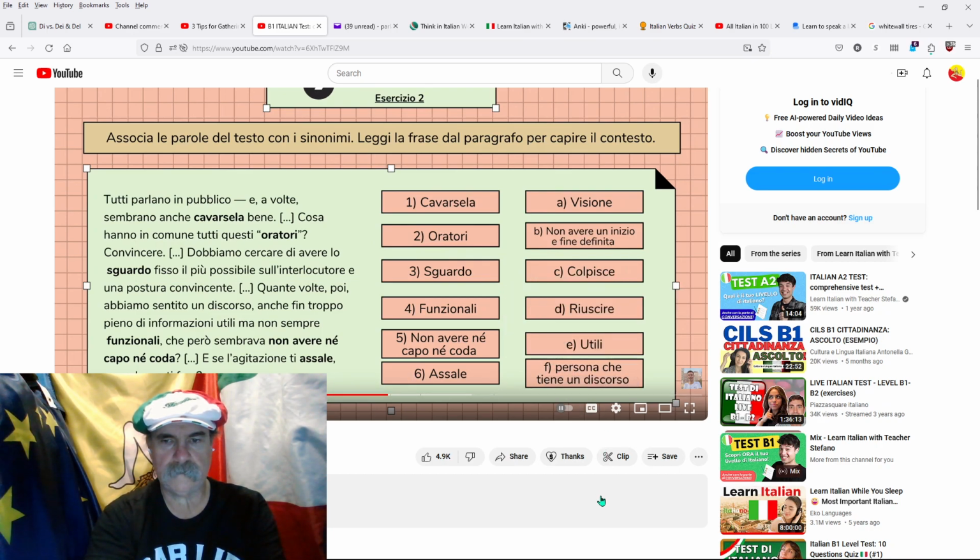Persona che tiene un discorso. Riuscire. Colpisce. Non avere un inizio e fine definita.